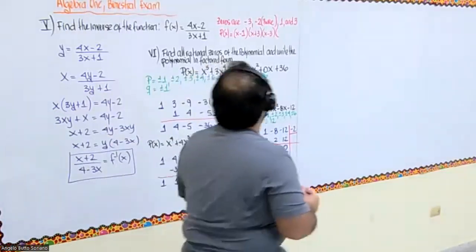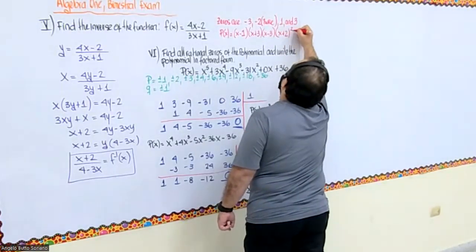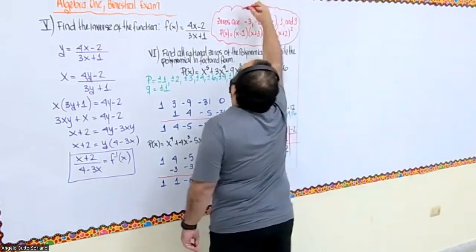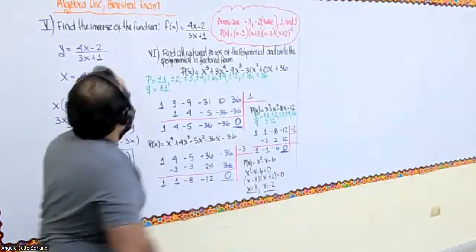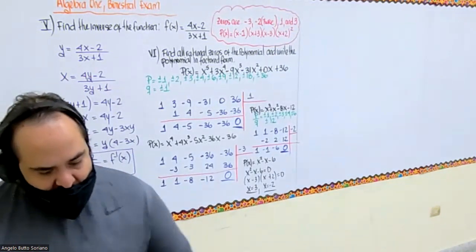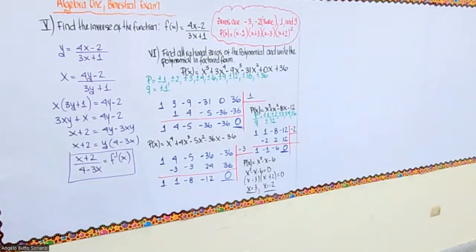Why at the second power? Because it repeats twice. And this is going to be the solution set, at least for part number 5 and part number 6.